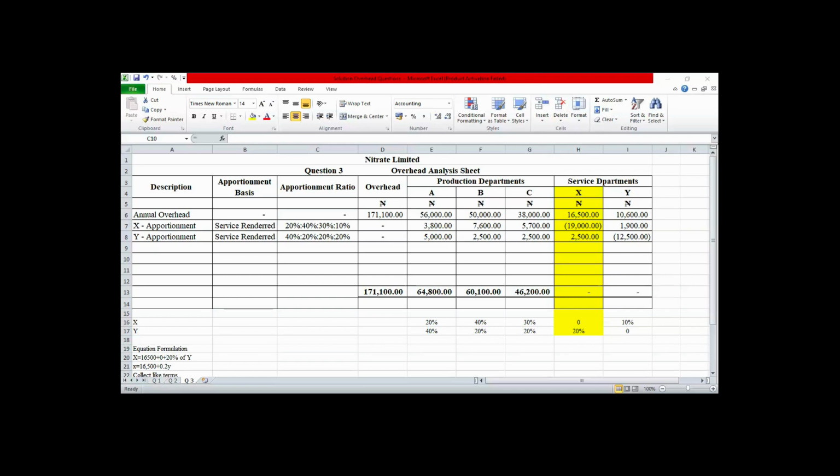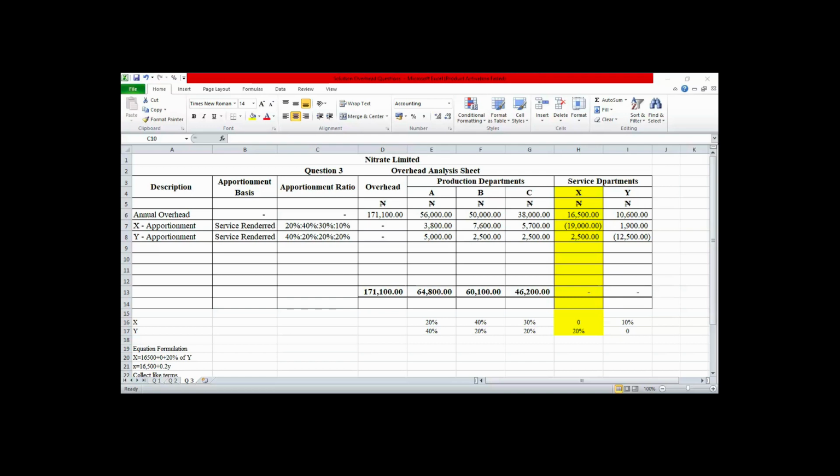At this junction, what do we need? We need Y alone, not minus 0.2y. How can we cut away the coefficient of Y? We said divide both sides by minus 0.2. The operation will affect both sides.